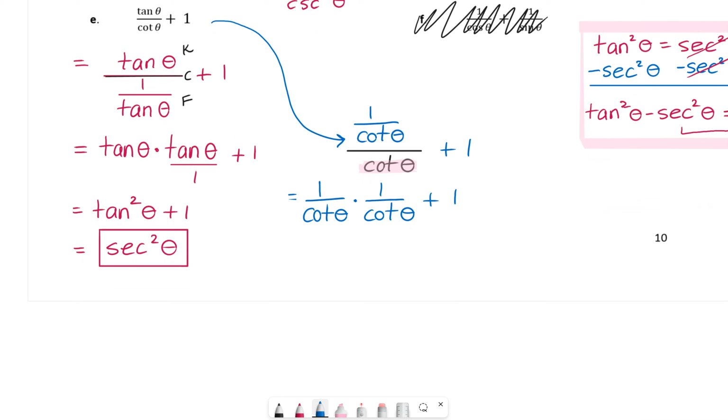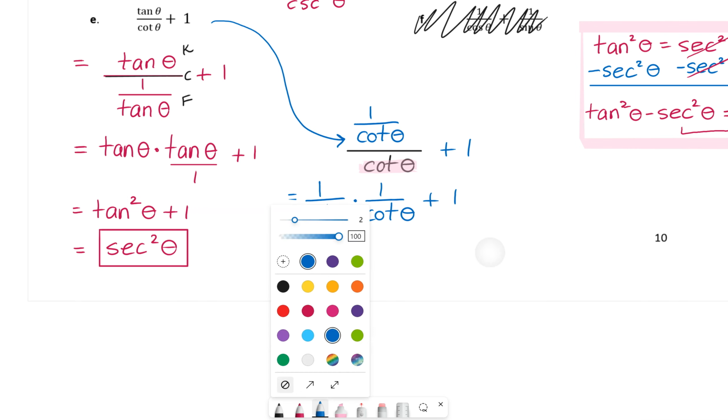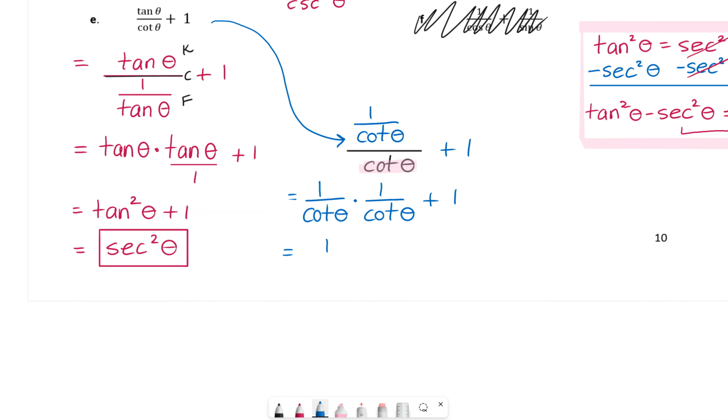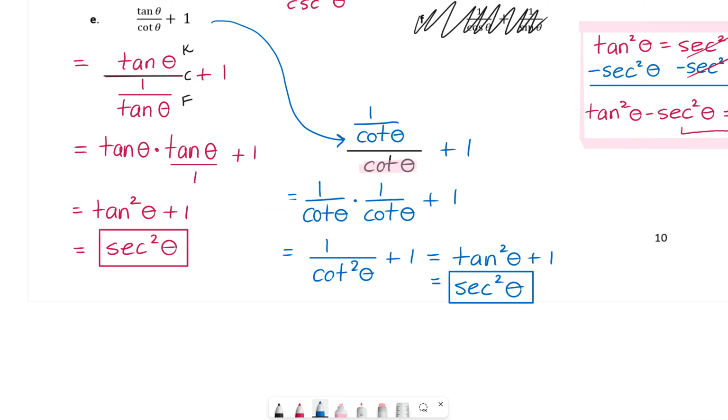Well, 1 over cotangent times 1 over cotangent, that is just 1 over cotangent squared theta plus 1. But 1 over cotangent squared is what? That is just tan squared theta plus 1. And as we have already established, tan squared theta plus 1 is secant squared theta. So again, it does not matter what direction you decide to change.